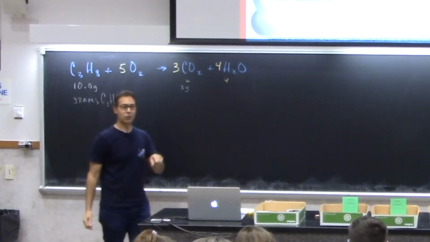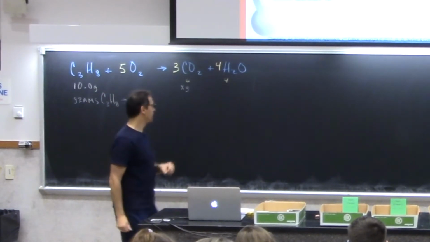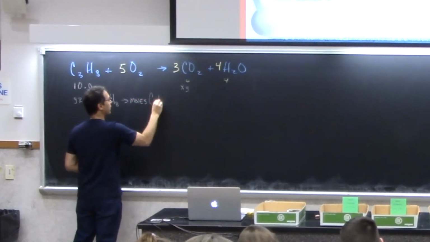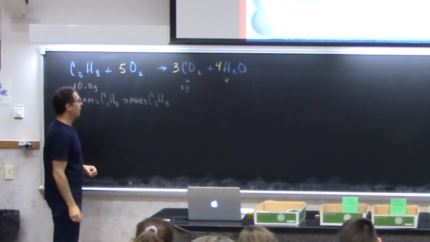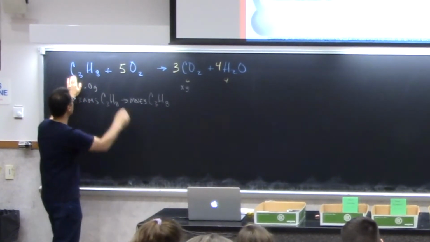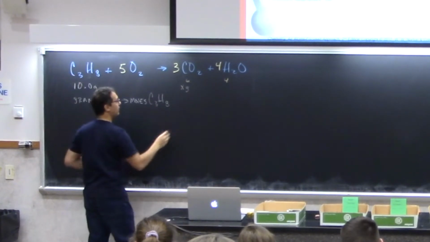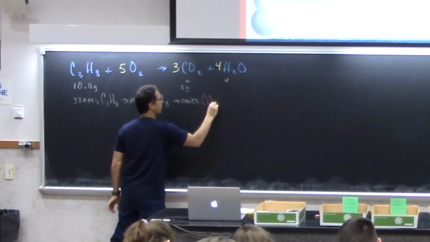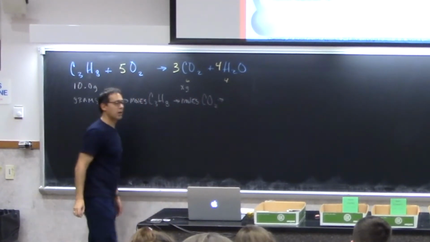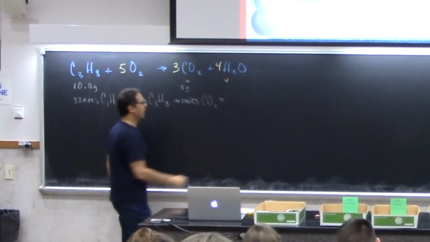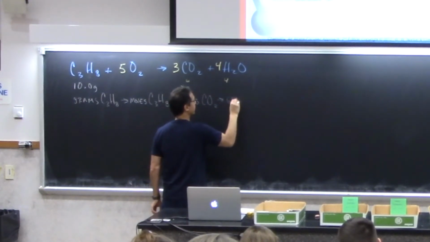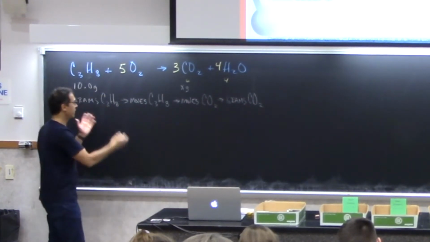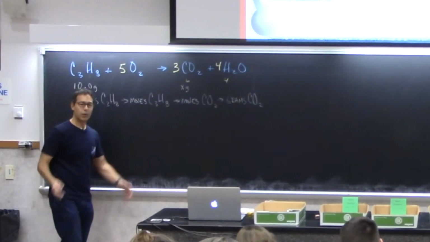So not grams, we'll convert it into moles of propane. And once we have moles of propane, we can go from moles of propane to moles of carbon dioxide. And then once we have moles of carbon dioxide, we can convert that into grams of carbon dioxide.